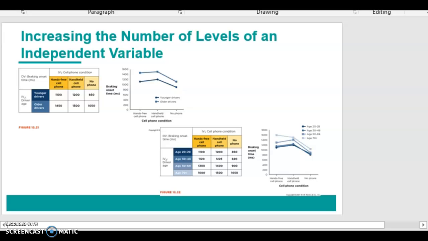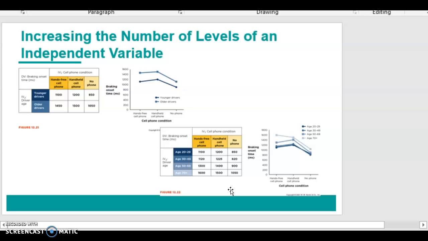Main effects can still be calculated by using marginal means. So when we average out our numbers and then look if there's a difference, that's our main effects, but remember we're really interested in interactions.